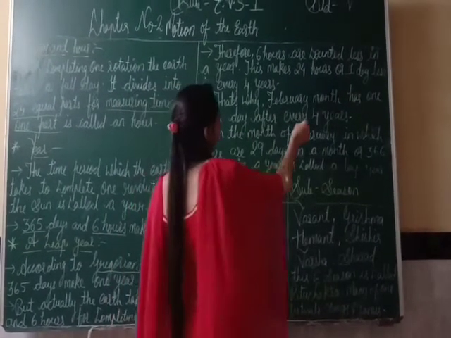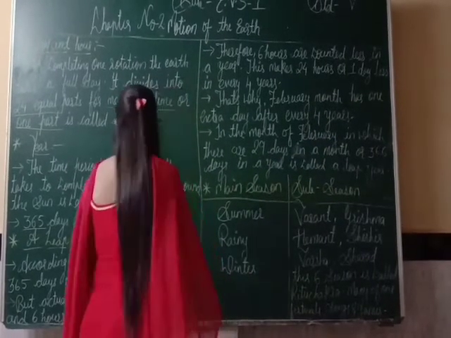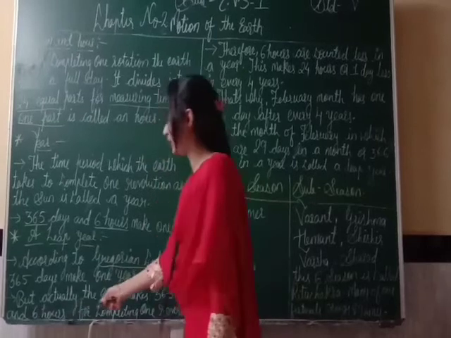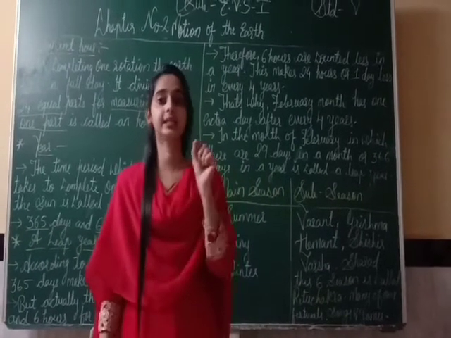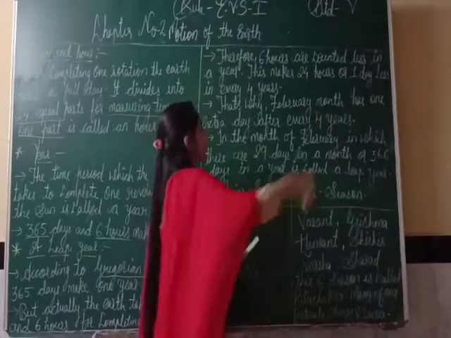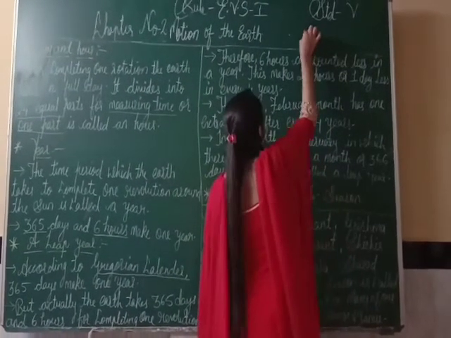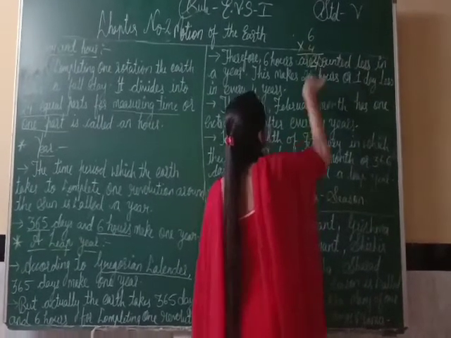This makes 24 hours or 1 day less in every 4 years. Means we have 365 days and 6 hours. So in each year, if we minus 6 hours, then over 4 years, 6 multiplied by 4 is equal to 24.